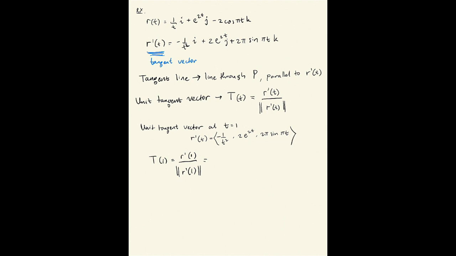So negative 1, and then e to the 2 pi, it's 0, right? 0.